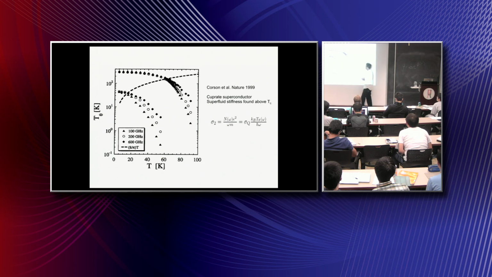You can see this is for 2 different samples, with phase stiffness measured not in the few gigahertz range, but in the hundreds of gigahertz range. Again, this dashed line is the Kosterlitz-Thouless condition, and you can see this kind of splaying of curves. One of the things this data showed was that there were superconducting correlations which persisted high above the thermodynamic Tc in these cuprate superconducting samples, showing that there were superconducting correlations to high temperatures.